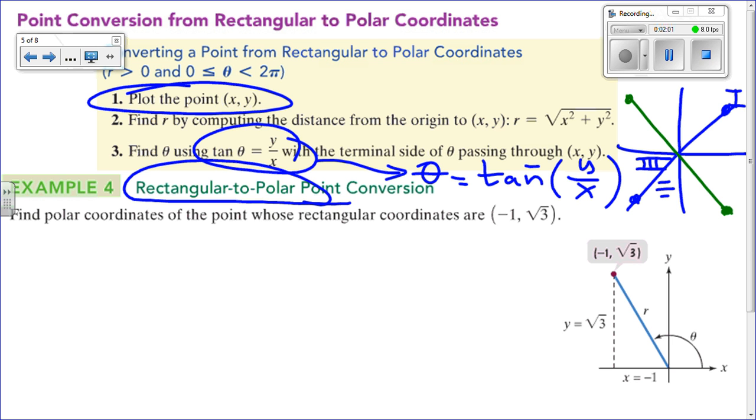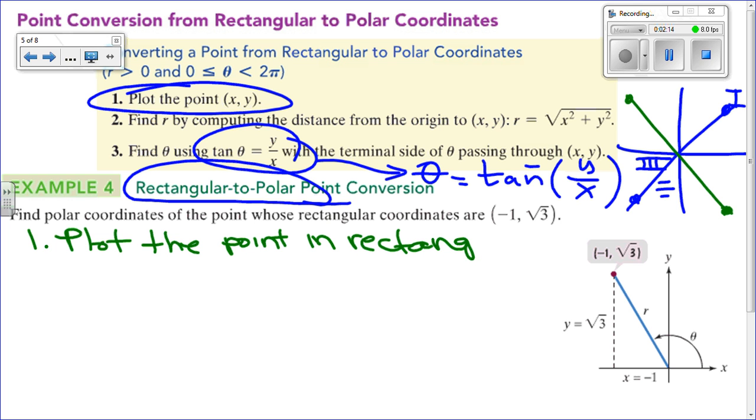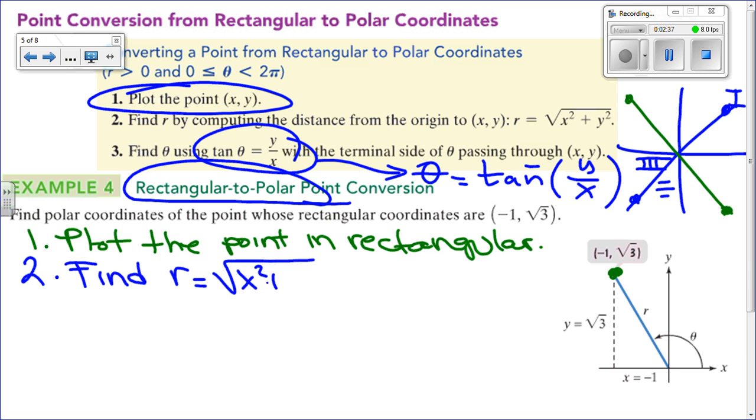Okay, so we're going to do that, and you can see it's already being done there. Plot the point in rectangular. And so that is here. That way we know that we're going to be working in quadrant 2. Then the second thing we do is find r by using the square root of x squared plus y squared.